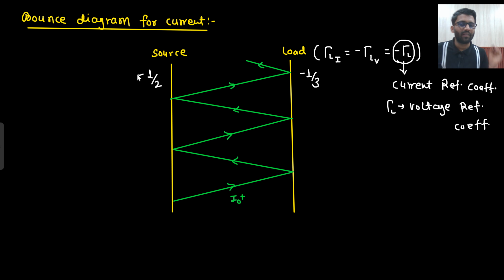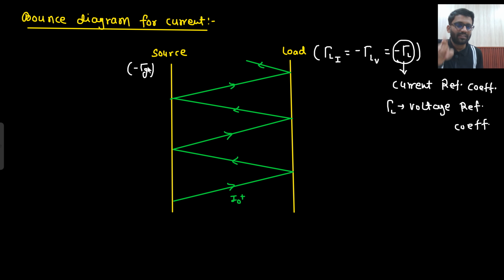So what will I put here? Minus 1 by 2. So now what I am going to do: I naught plus, then minus 1 by 3 I naught plus, then again multiplied with minus 1 by 2, so it will be plus 1 by 6 I naught plus, then again multiplied with minus 1 by 3. We will solve those numericals, but as of now we need to write in terms of gamma L and gamma G. So here you have minus gamma L and here you have minus gamma G.